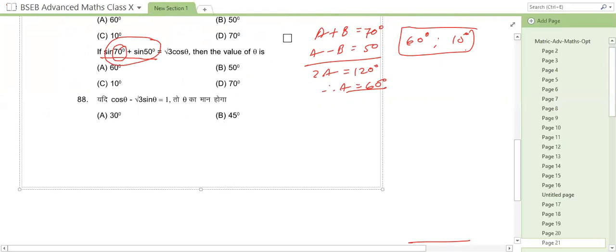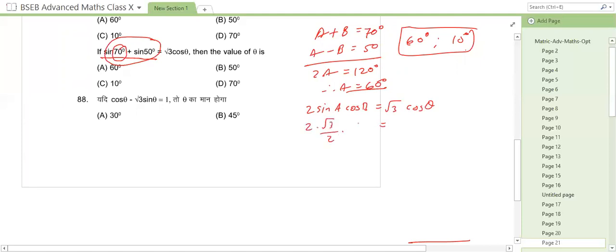So this is actually 2 sine a cos b. 2 sine a cos b is equal to root 3 cos theta. Now sine a is 2 times root 3 over 2. Cos b is cos 10, equal to root 3 cos theta. So the 2's cancel out, the root 3 is cancelled out, therefore theta is equal to 10 degrees. Easier method.